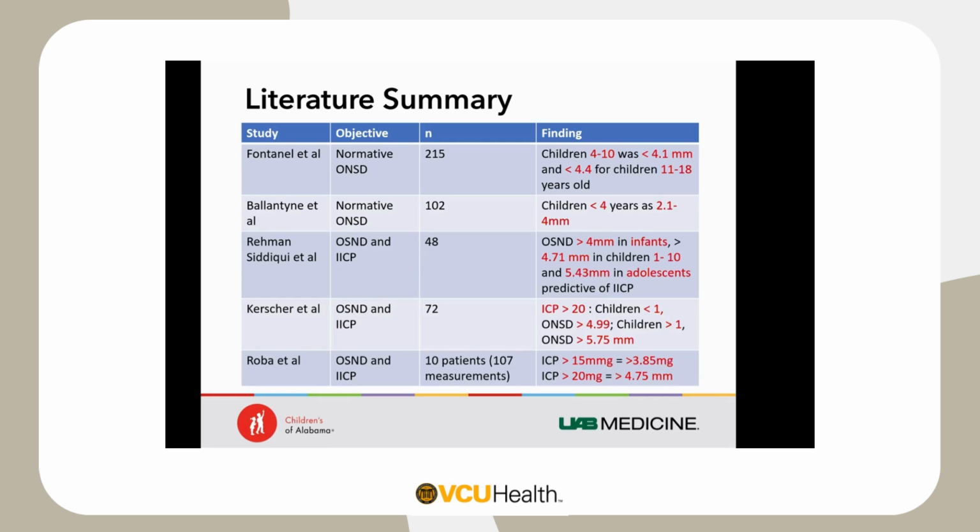There have been a lot of people looking for where those age quartiles best break apart. There have been people looking to see where these optic nerve sheath measurements correlate with intracranial pressures above 20, really looking for where we would normally look to intervene clinically.